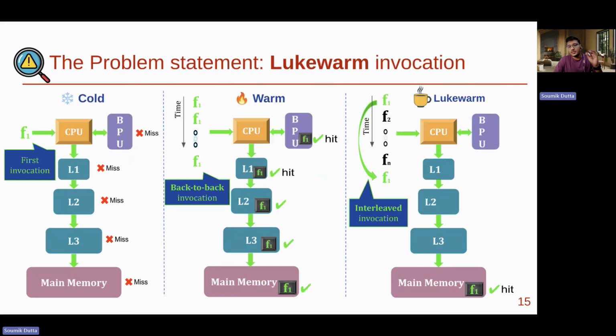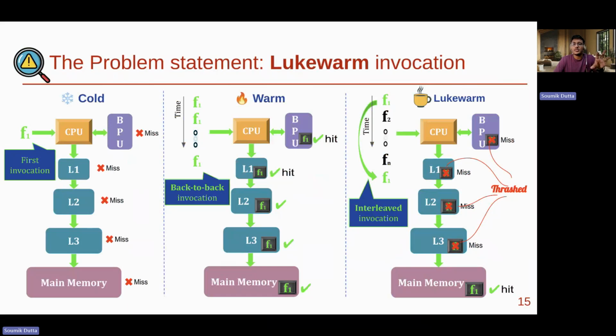It gets its state preserved in main memory, because main memory size is quite high, but the microarchitectural state inside the CPU, like L1, L2, L3 cache and the branch predictor unit, all got thrashed by the in-between functions.